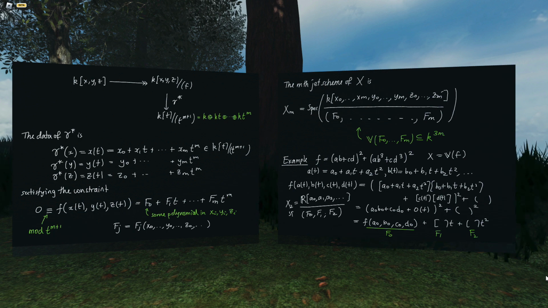Spec. Or what's the same, it's the vanishing set of those 3 equations inside R to the 12. Right, so in practice, computing these jet schemes is maybe a bit laborious, but it's not anything complicated.